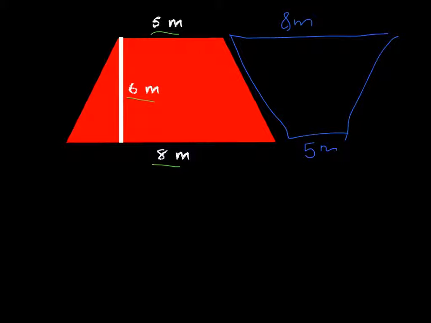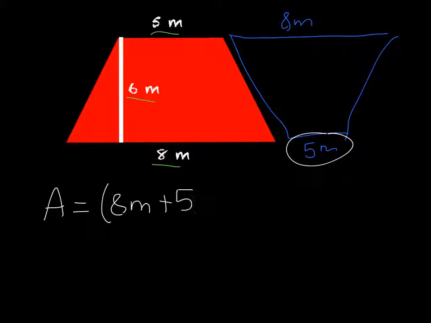Well, I'm going to say that the area of my trapezoid equals 8 meters plus the other base, 5 meters, times 6 meters. And then because it's only half of that original parallelogram, I have to remember to divide it by 2.